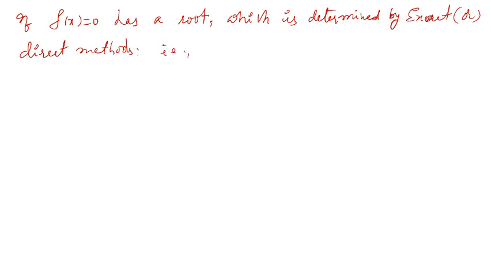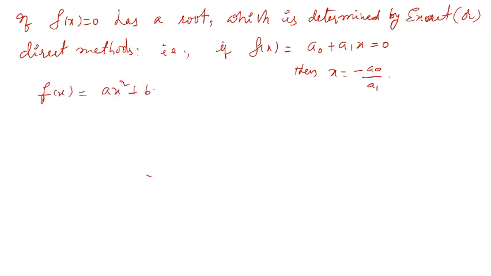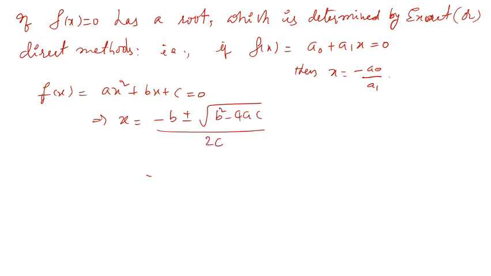That is, if f of x is, for example, a first degree polynomial, then x equals minus a naught over a1. This is a direct formula. If f of x is ax square plus bx plus c equal to 0, a quadratic equation, then the roots are minus b plus or minus under root of b square minus 4ac over 2a. These are called exact methods, or direct methods. They use a direct formula.